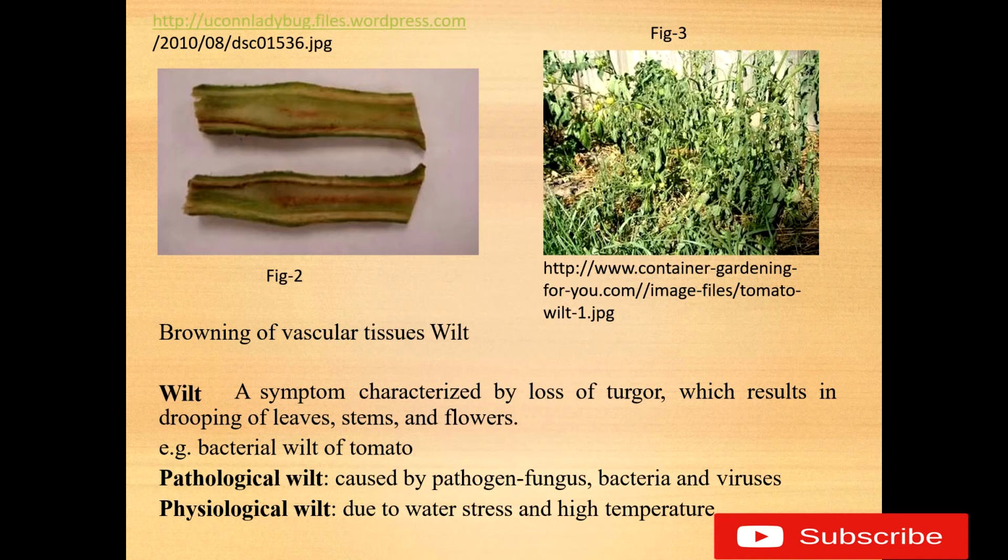There are two kinds, pathological wilt and physiological wilt. Pathological wilt is caused by pathogens like fungus, bacteria or viruses, and physiological wilt is due to water stress and high temperature. Physiological wilt may be due to improper water intake, or sometimes in the peak of summer days the plant may lead to wilting.